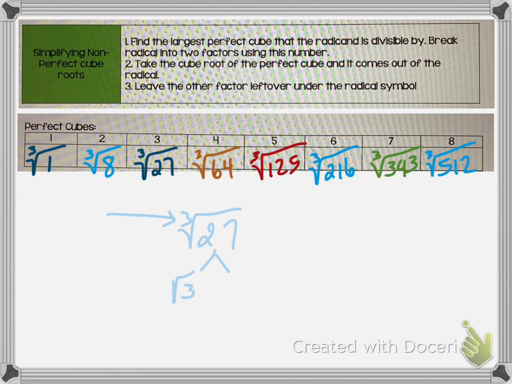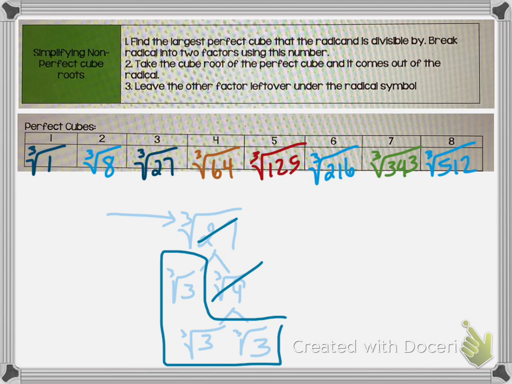Cube root of 3, or 3, oops, 9, and then it goes 3 and 3, and these are all cubes here. Okay, see what happens is that 9, that 27 are gone. See how I've got 3 of them here? All 3 of those come out. So cube root of 27 is equal to just 3.